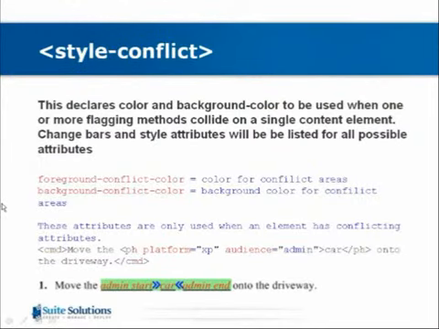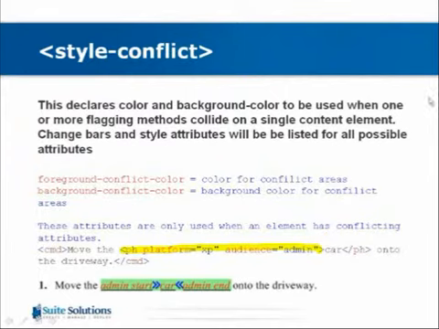Style conflict allows us to mark a piece of information, an element, if it has two attributes on the two flagging methods collide on the same content element. In this case, I have a PH, platform equals XP, and audience equals admin.